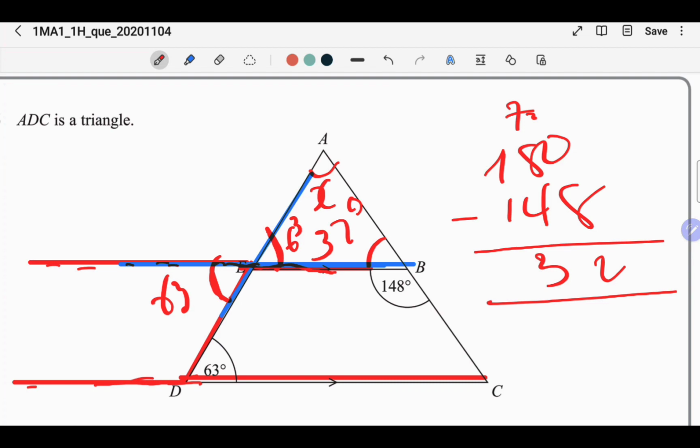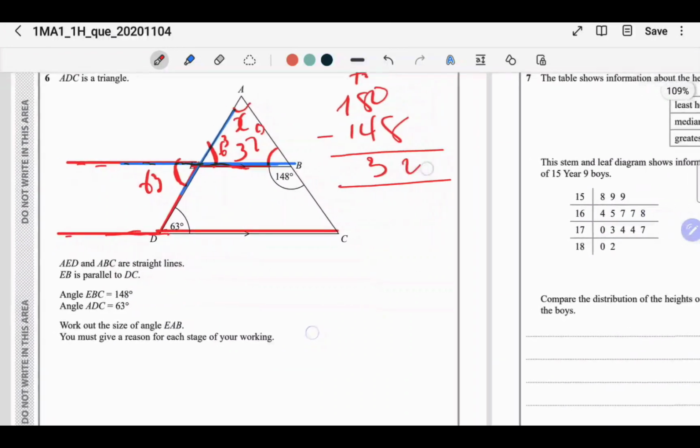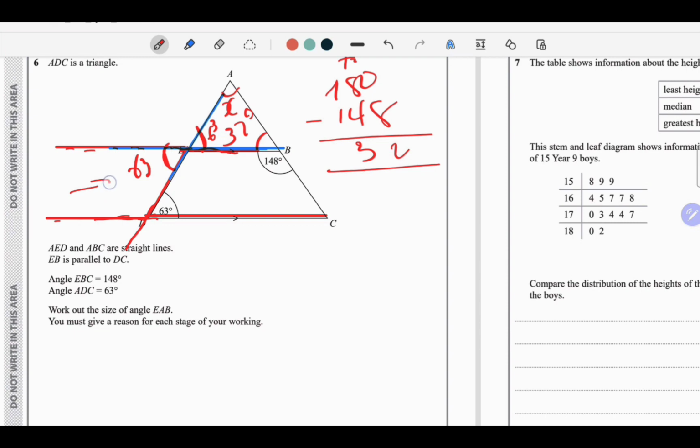There are so many ways to do this. This is just one of the ways. So if that is 63 degrees as well, we can now work out X. I've given you the reasons at each stage. First, I said this would be 63 degrees because it's alternate, and then I said this will also be 63 from here to here because they're vertically opposite.